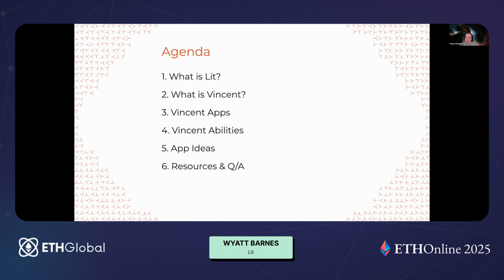And then we're going to cover a high level overview of a couple different app ideas, just to give you an understanding of how you could compose a Vincent app using these abilities to be able to provide some sort of service. And then at the end, I have a QR code with some resources like documentation, our Twitter and our YouTube and stuff like that. And then we'll open it up for Q&A.